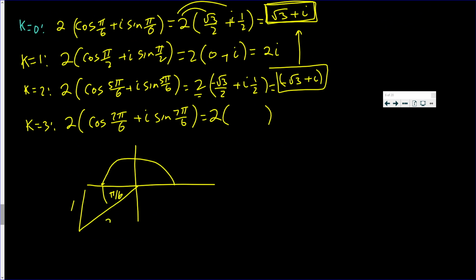We get 1, 2, radical 3, left, negative because it's to the left, negative because it is down.